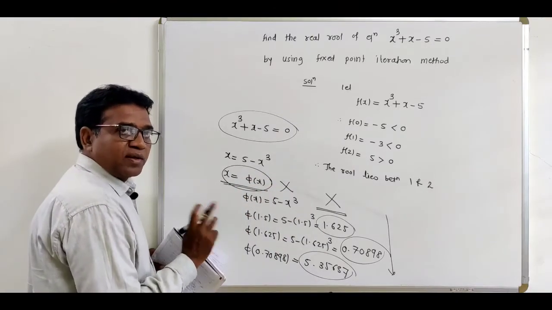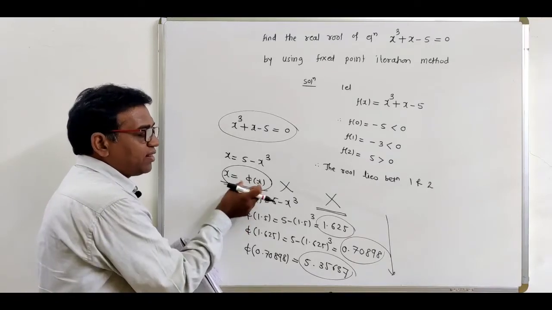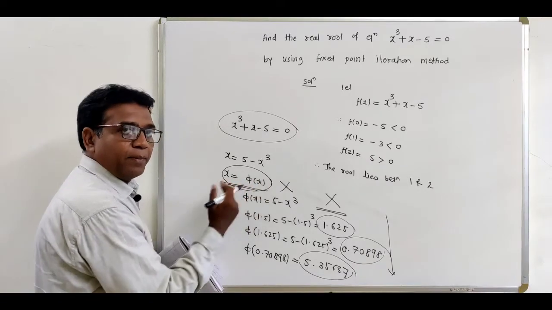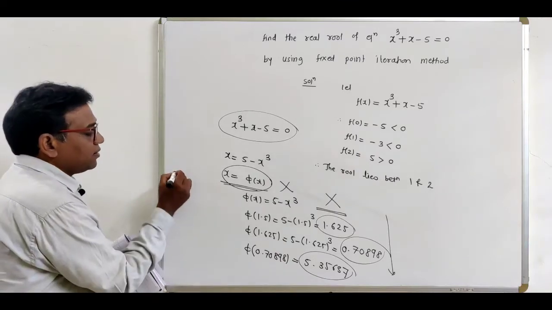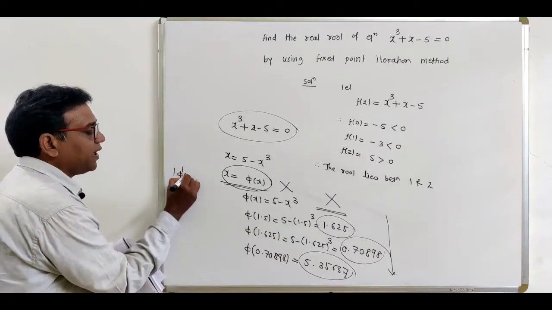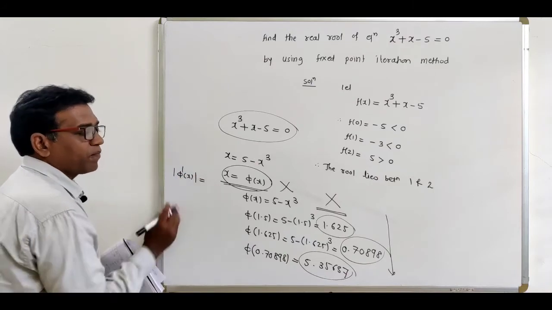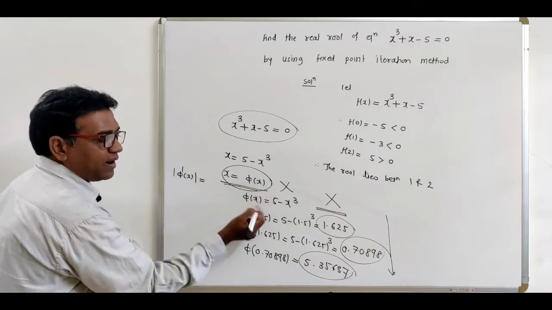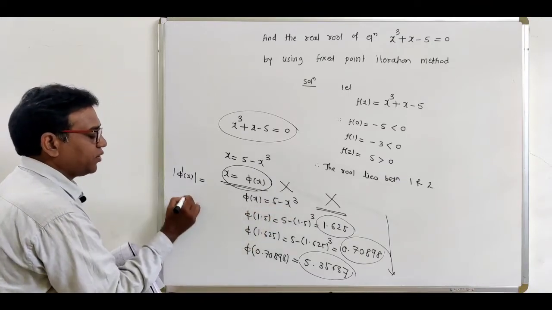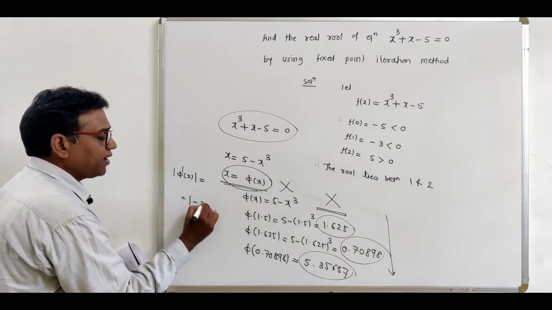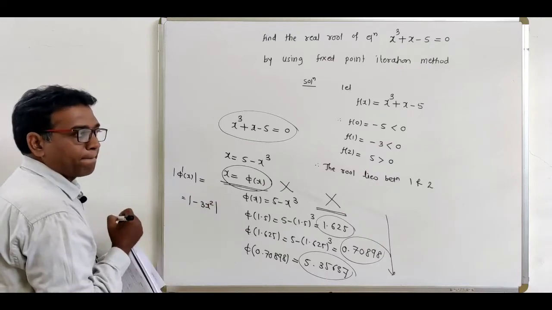Now there is also another way to find out whether this function phi is applicable or not. What is that method? Just find the derivative of phi. Phi is 5 minus x cube, so the derivative will be minus 3x square.